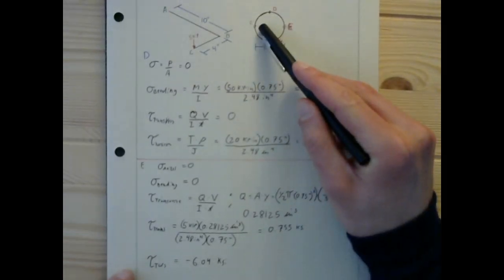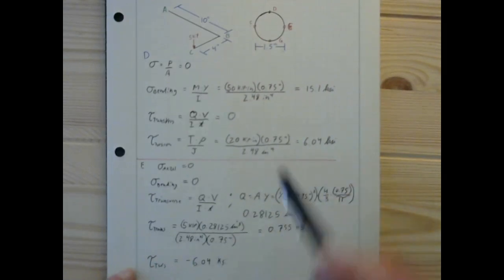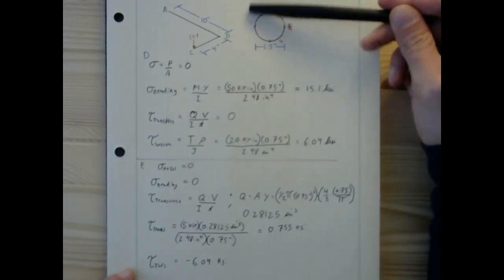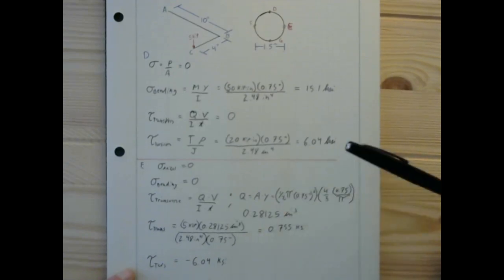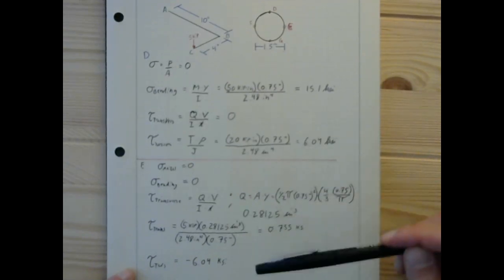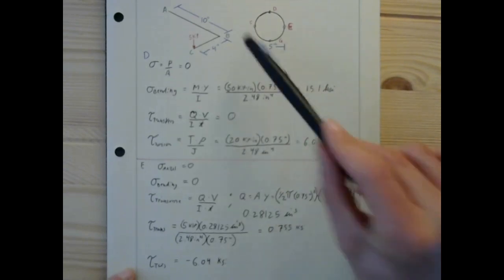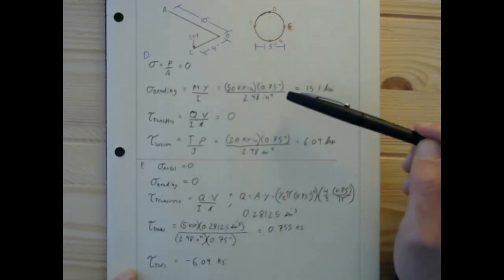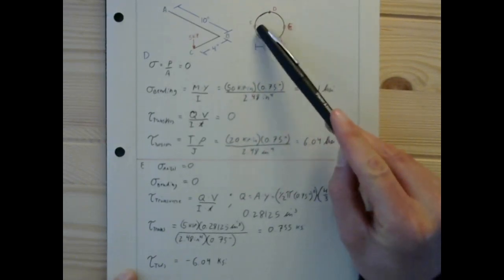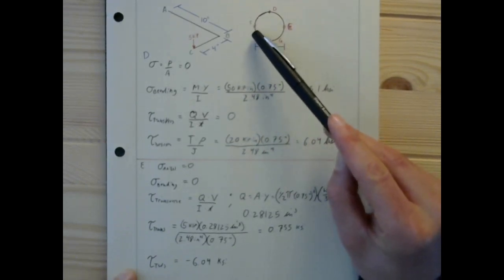However, if we had considered point F, the transverse shear would be in the same direction. It would be in the positive direction. And the torsion would, instead of inducing a negative direction shear stress, induce a positive shear stress. So point F, if we look at this whole cross-section, is going to be the point that experiences the maximum shear stress.